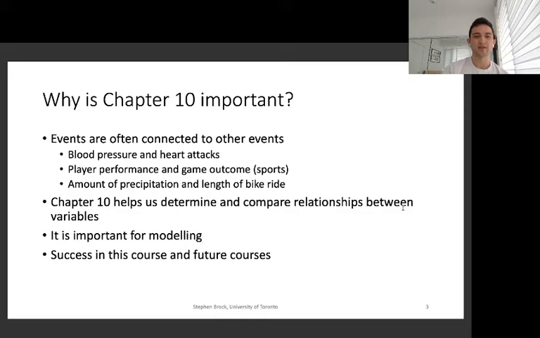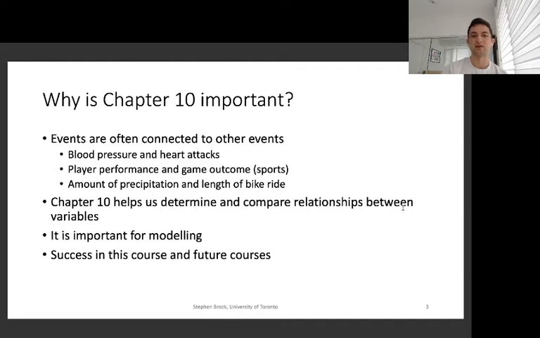Before getting into the material, I wanted to talk about why Chapter 10 is important. Events are often connected to other events. We saw this before with conditional probability, and this is a different form of it.